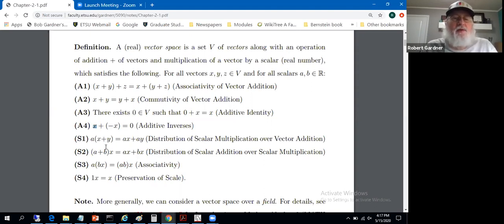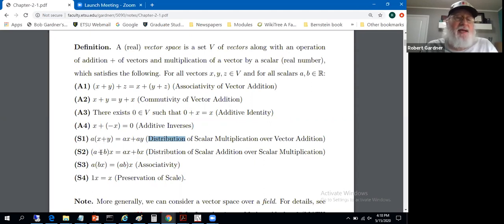When we go to scalar multiplication, we get a distribution. Scalar a times x plus y, x and y vectors, is ax plus ay, distribution of scalar multiplication over vector addition. To say distribution, you have to have 2 operations, one distributing over the other. Here we've got the scalar multiplication distributing over the vector addition.